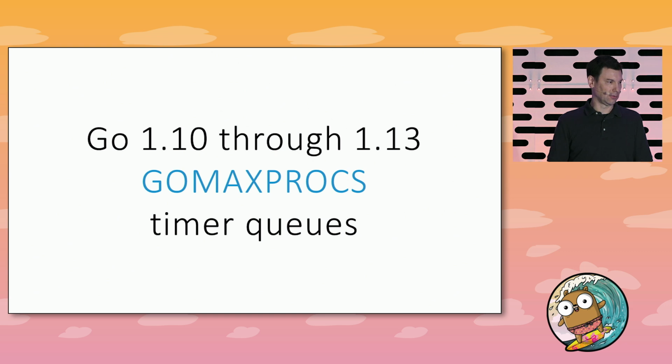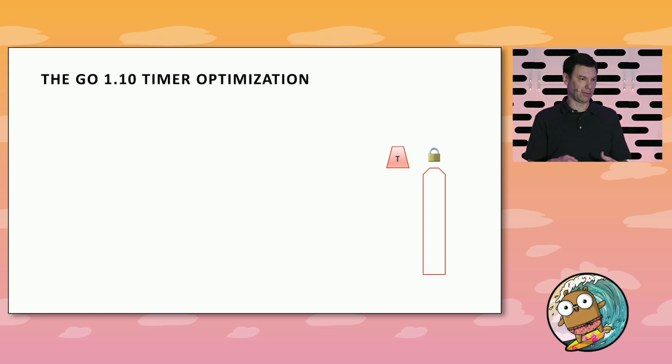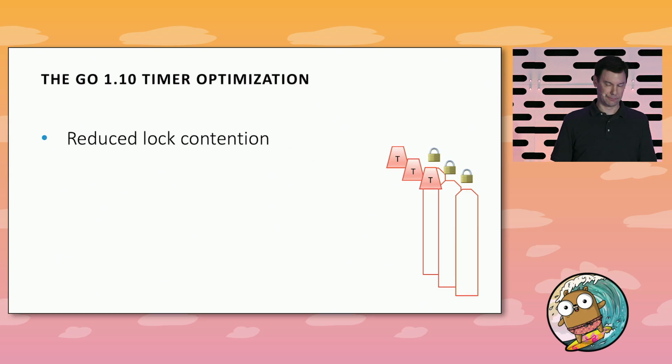And the result of that is it helps scalability because the timer queue has a lock on the top of it that you have to acquire before you can do anything with it. So if you have a lot of threads all trying to put things to sleep at the same time, they get a lot of lock contention. And by making many of them, you have less lock contention.